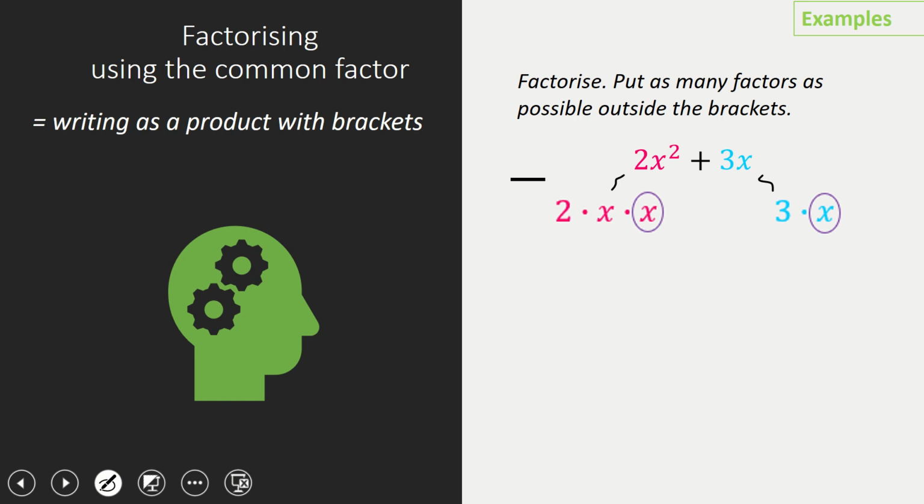So really important, put the common factor outside the brackets. What's left, that's what you put inside the brackets. So I have 2x over there. I've got 3 left over there. And I have a plus.